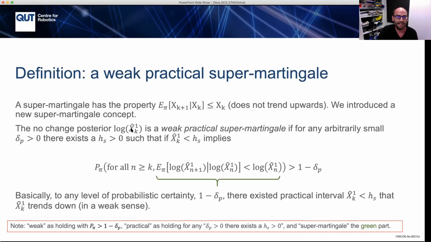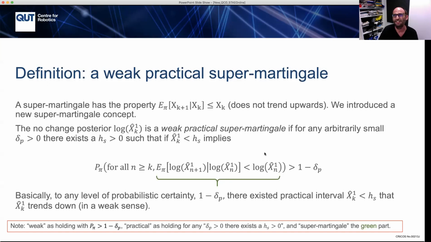So what we're saying is this thing here, which is a log of the no change posterior, is a weak practical super martingale if for any small delta that you choose, I can find an H delta such that the no change posterior being close enough to 0, this happens. I think of this as being like an interval trap, right? A weak practical super martingale exists when there's an interval trap such that this bad event happens.